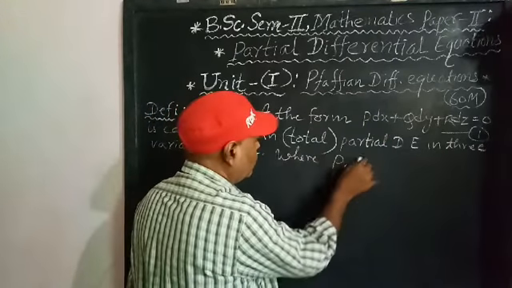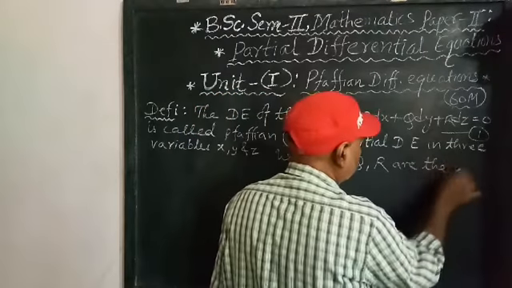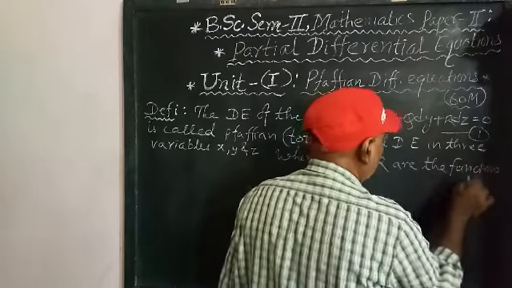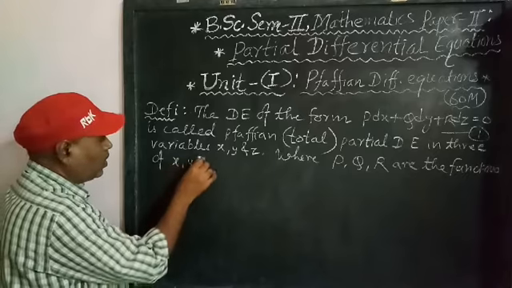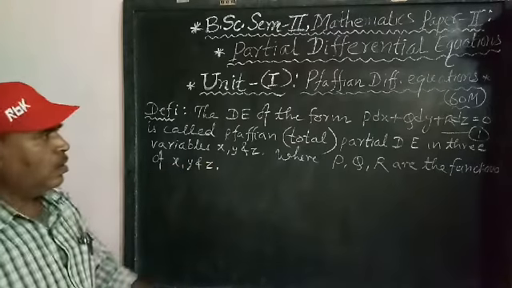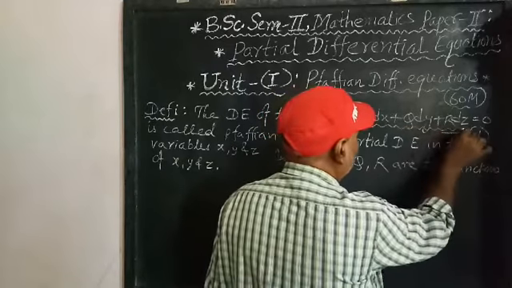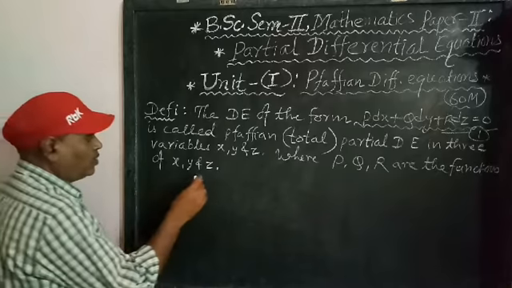where P, Q, R are the functions of x, y and z. Now this equation 1, P dx plus Q dy plus R dz equal to 0, can be written in more convenient form.